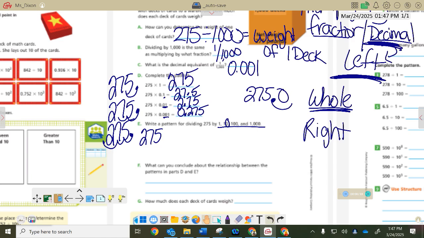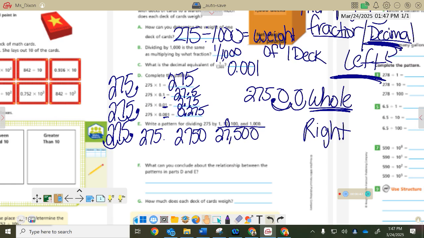We have to put a 0. So 275 times 10 is 2,750. When we do 100, that is 2 places, so that's 1, 2. Add that 0. So that's 27,500.